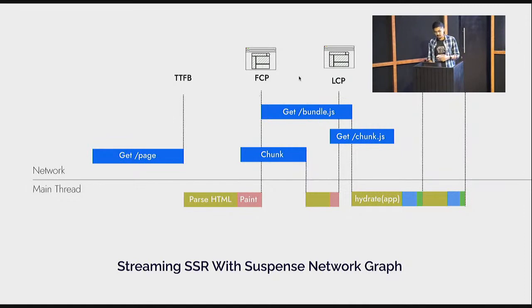So this can happen in any order. In this network graph, I have tried to show that this comment gets streamed, and then the JavaScript bundle for the rest of the app comes first, and the comment bundle comes afterwards, so that we hydrate the whole app, and then the whole app is interactive.